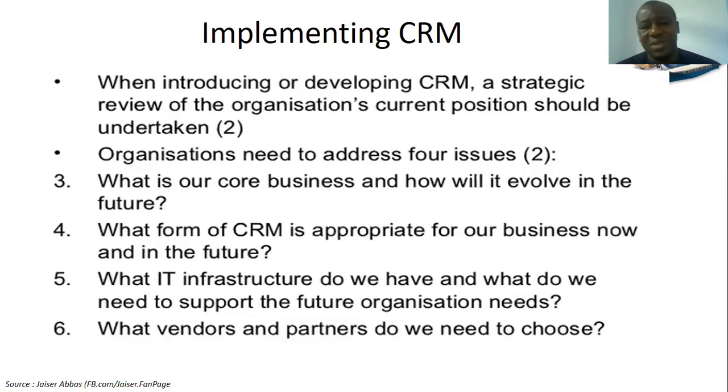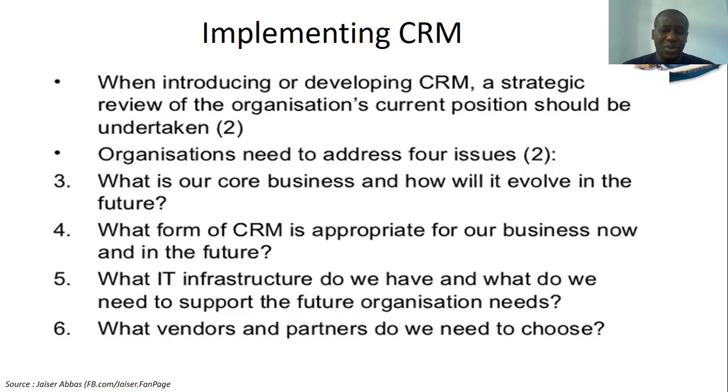The organization also needs to address 4 issues. These issues stem from one, they need to ask themselves what their core business is and how it evolves in the future. They also need to find out what form of CRM is appropriate for the organization now or in the future.